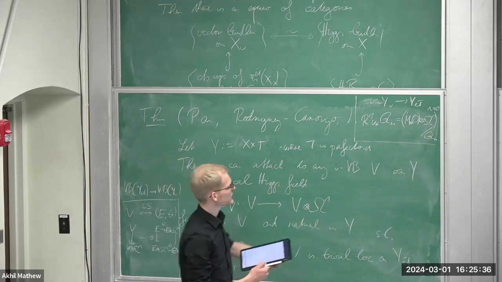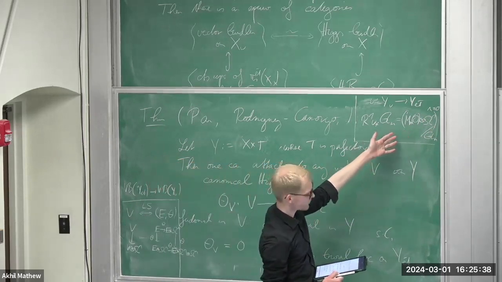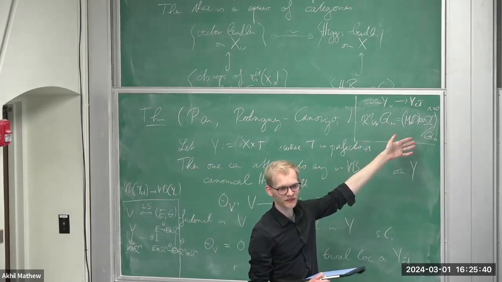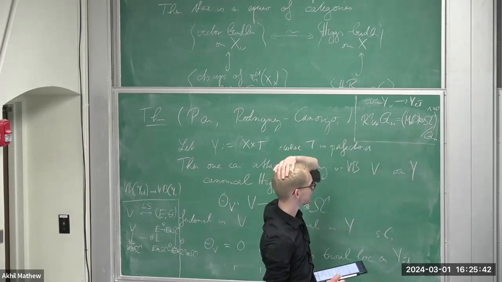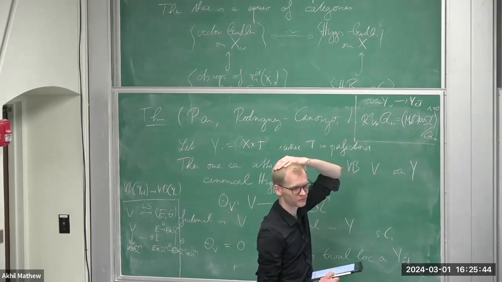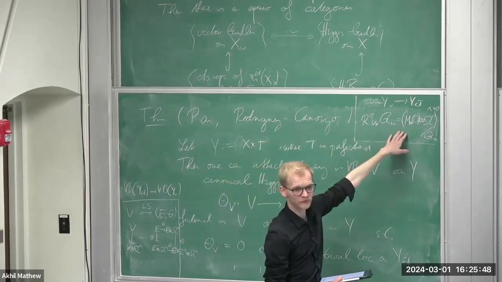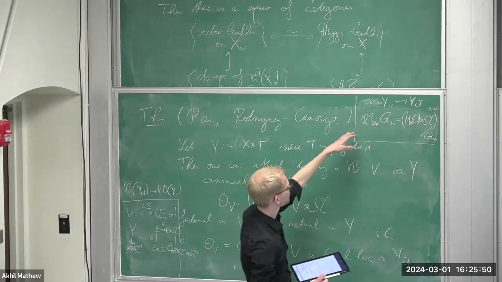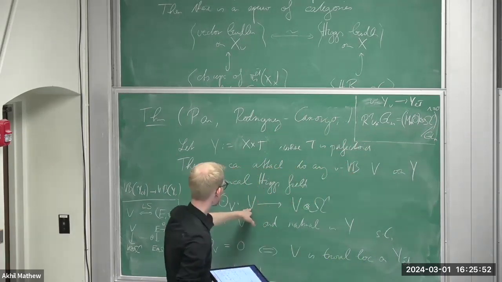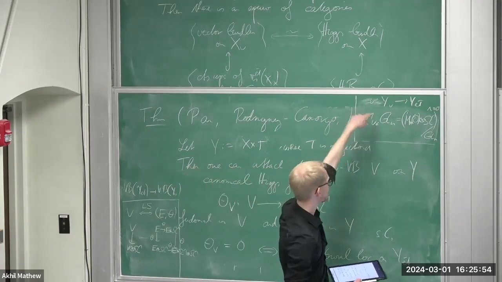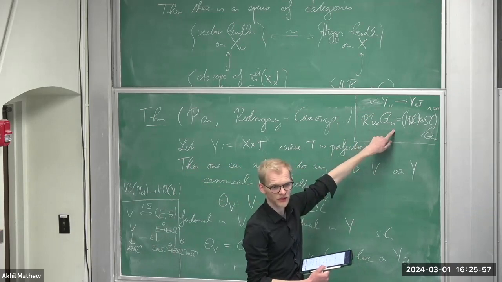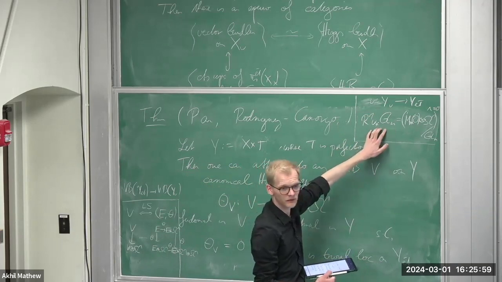So you can think of this as being the sheaf of isomorphism classes of Higgs bundles, and this is the canonical isomorphism. And so what this means is I can associate to a vector bundle its class in this sheaf, the isomorphism class of a Higgs bundle.